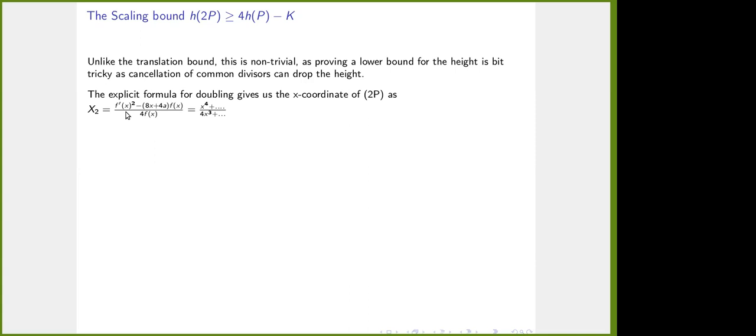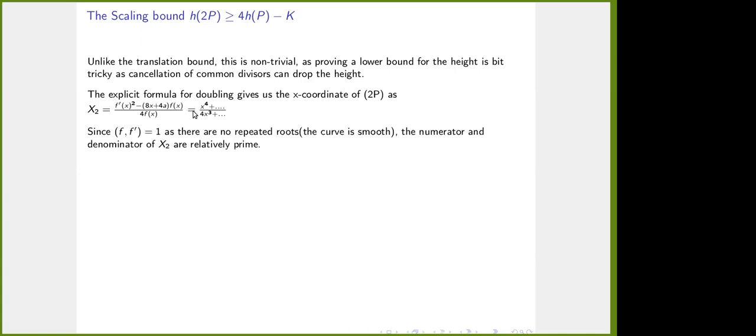So there are no common terms; the GCD of the numerator and the denominator is 1, because we are assuming the elliptic curve is non-singular. That implies you get the x coordinate of 2P as some quartic polynomial divided by a cubic polynomial, and the numerator and denominator are relatively prime.